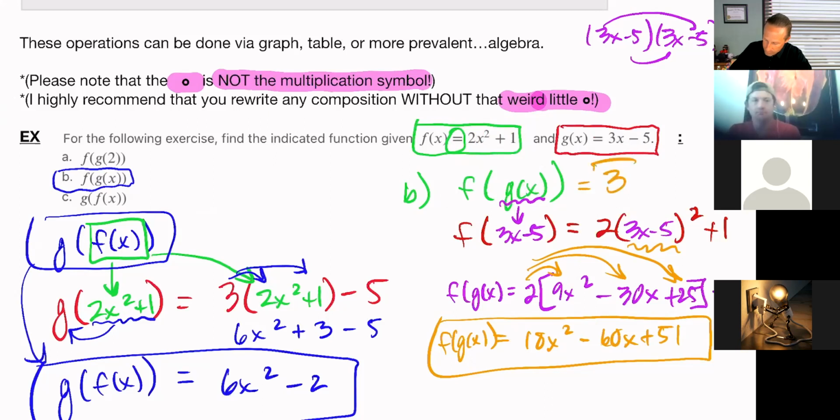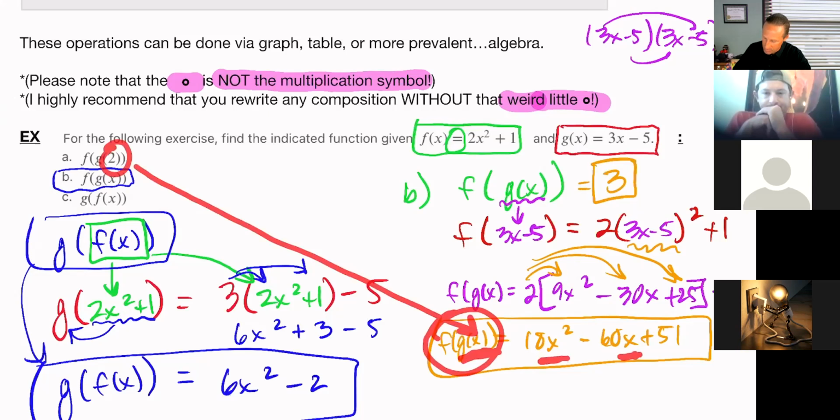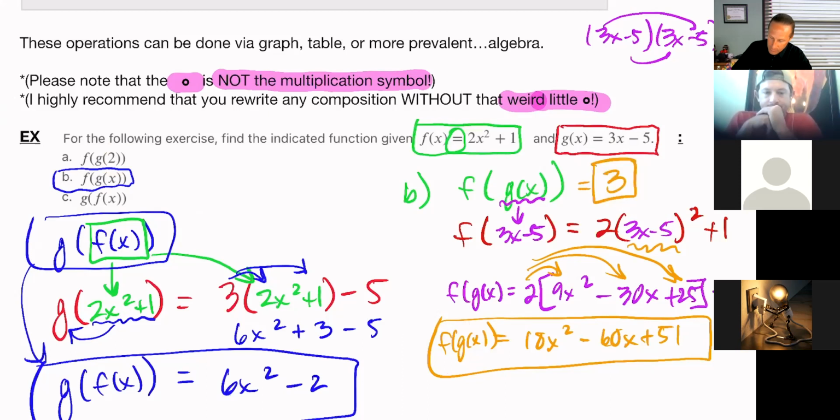Or, since I already found f of g for any x, they want me to replace the x with 2, I could just plug it in here and here, and I guarantee you guys I'll get the same thing. Let's check it out. 18x squared minus 60x plus 51, and they wanted us to replace what with a 2? x, everywhere you see it.